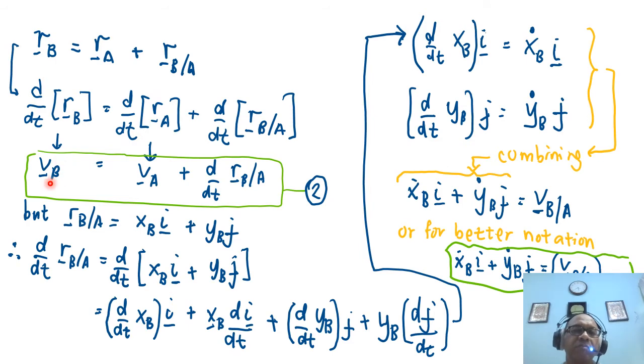So position vector B gives R dot B, position vector A gives R dot A, so it's VA. And then we have d over dt of position vector B relative to A.